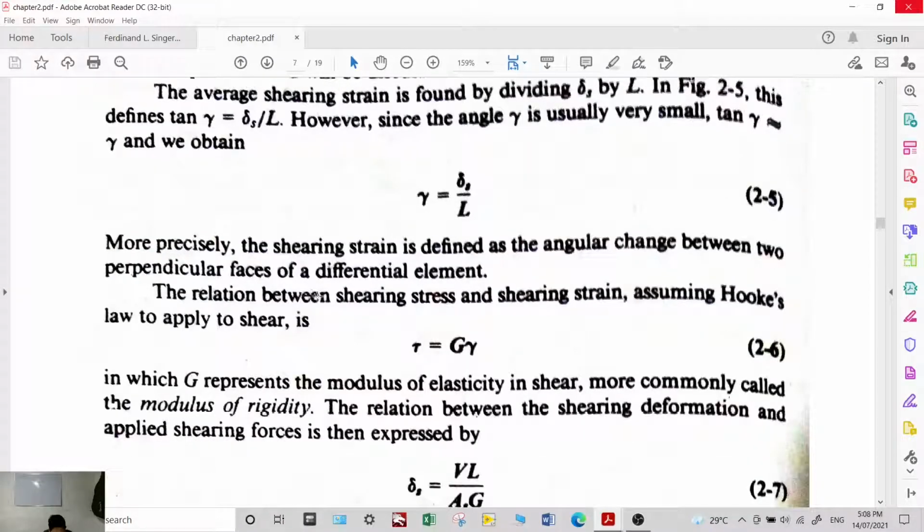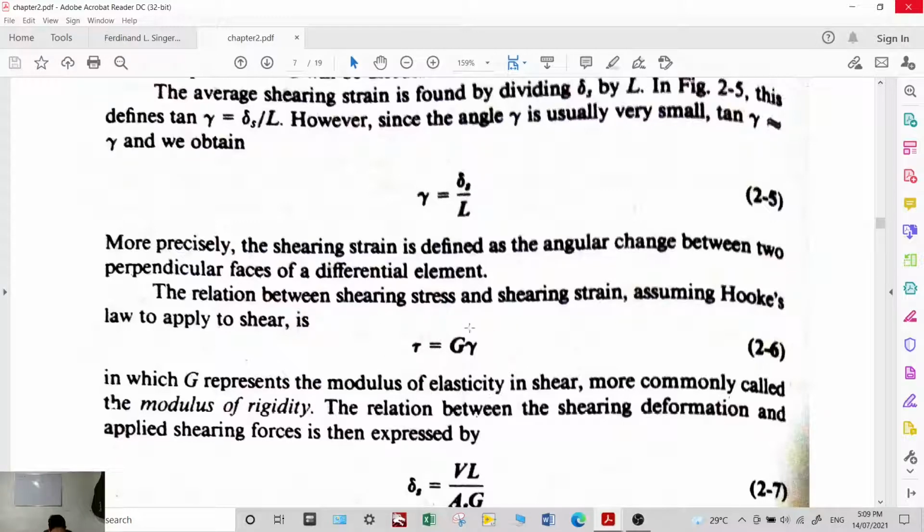Okay, so the relation between shearing stress and shearing strain, assuming Hooke's law applies to shear, is this: shearing stress is just equal to G times shearing strain, where G is the modulus of rigidity.